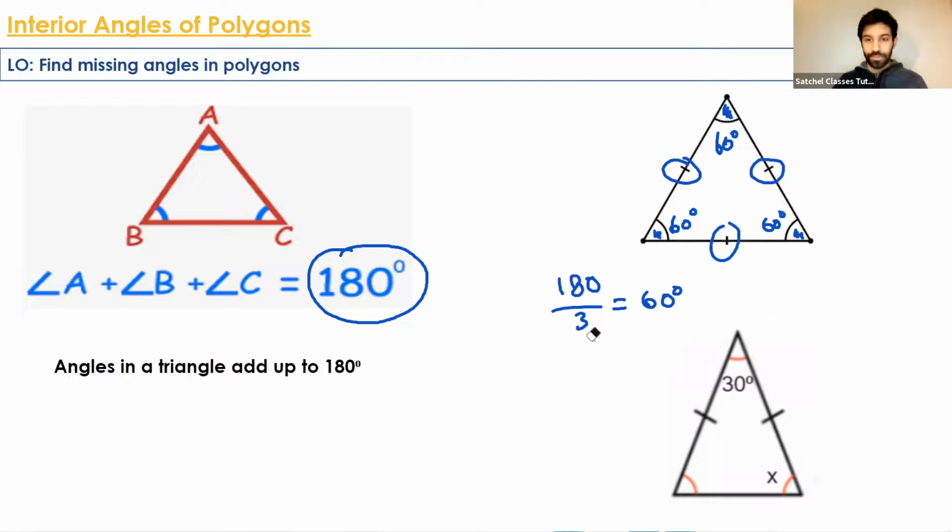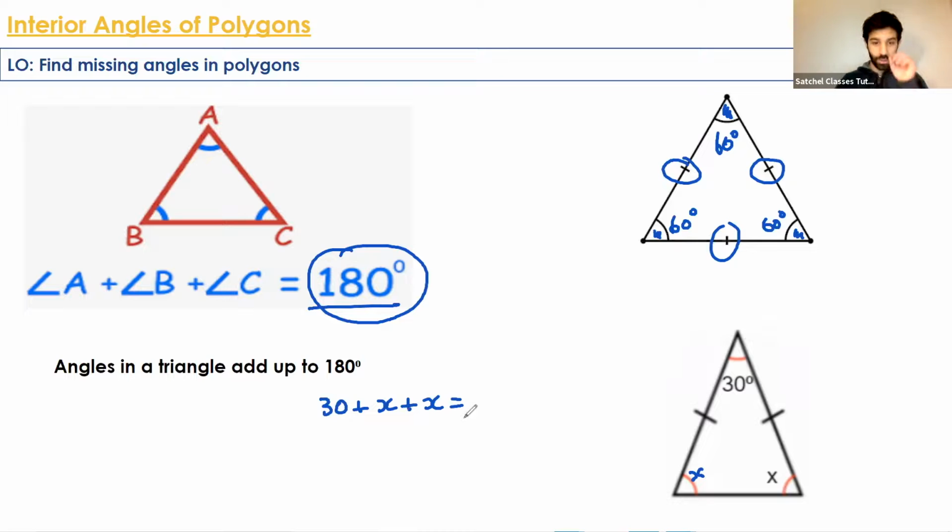using algebra. So if I just rub all of this out, now what we know is if this angle is X, this angle is also going to be equal to X because they're going to be the same. We're dealing with an isosceles triangle. So what we can say is 30 plus X plus X must be equal to a total of 180 degrees. Remember, angles in a triangle add up to 180 degrees.